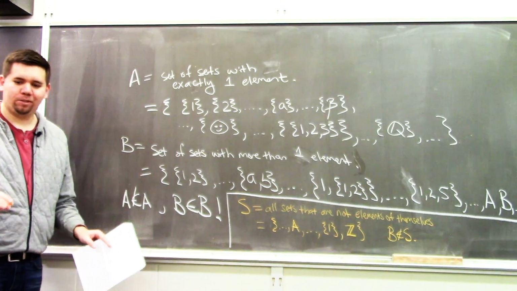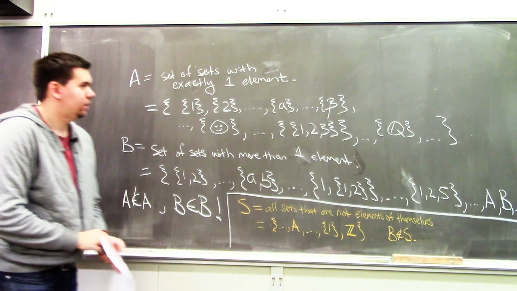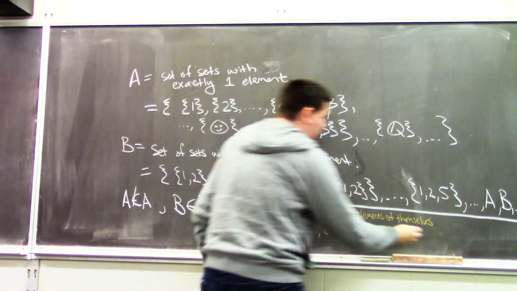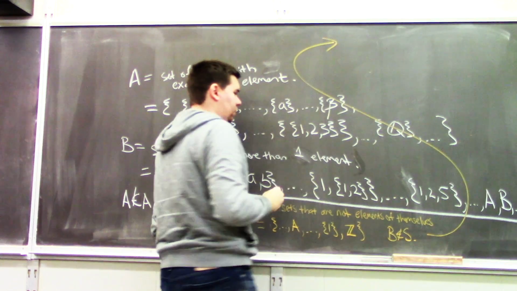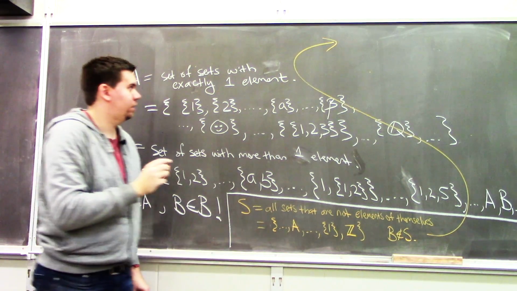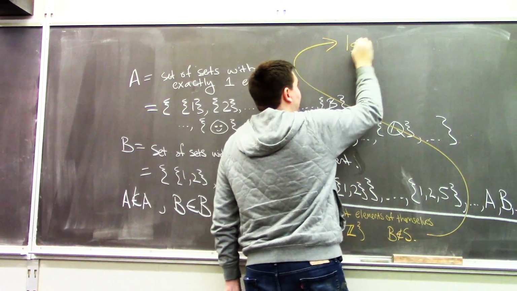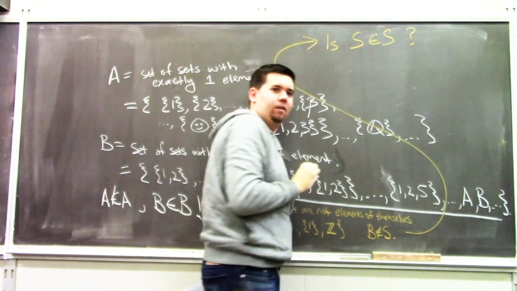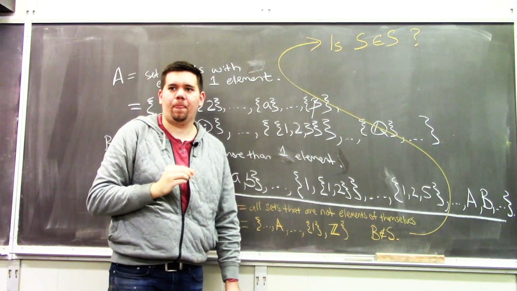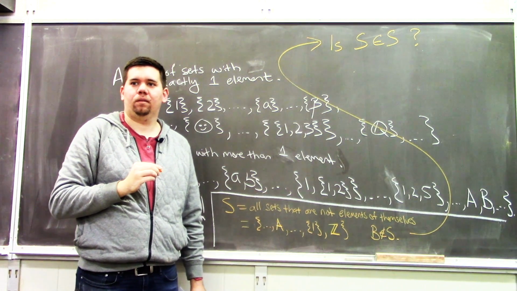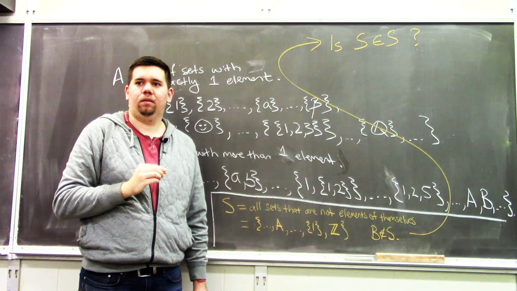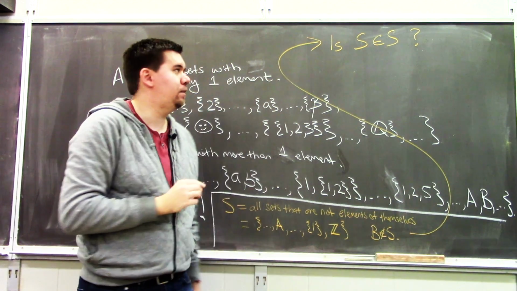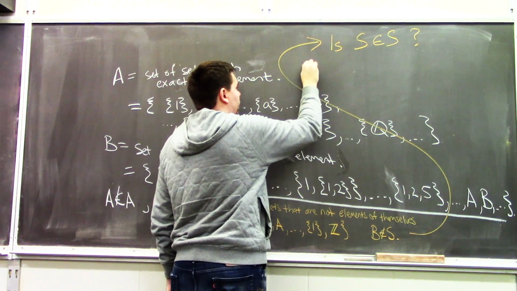Okay, so here's my question. Oh, I guess we're totally out of space, but we'll do it up here. So here's my question. Is S inside of itself? Two possibilities. Let's consider them.